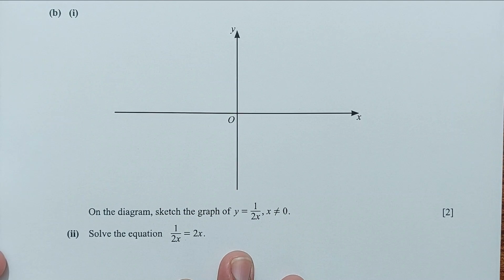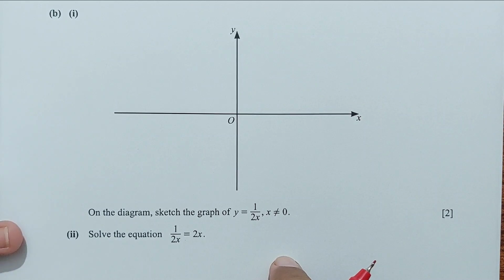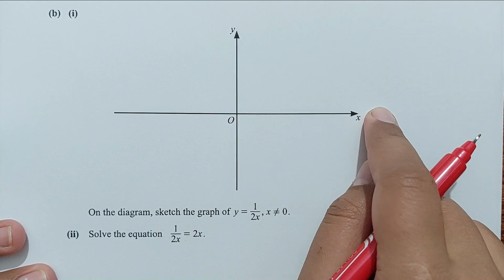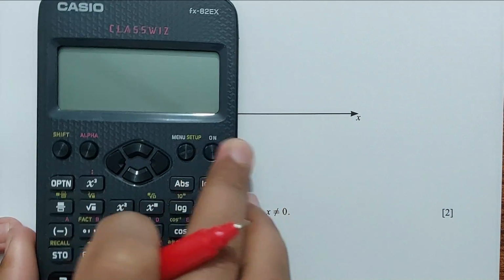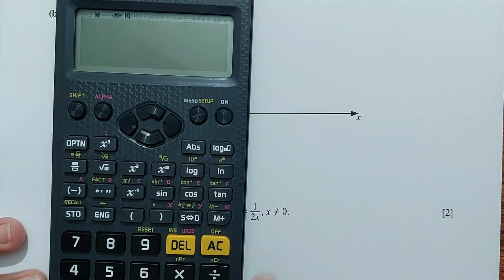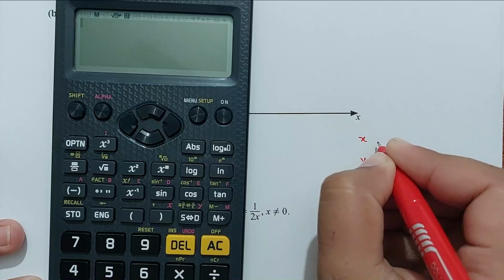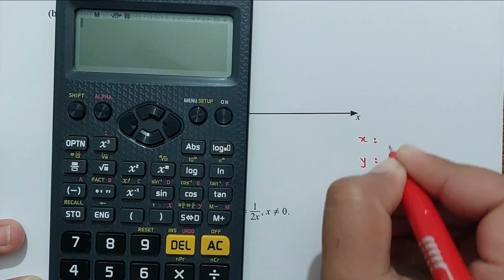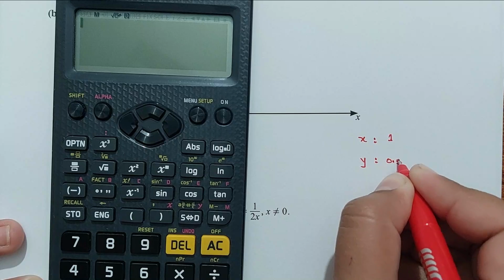Now for part B, number 1, on the diagram, sketch the graph of y equals 1 over 2x, where x is not equal to 0. Let me take the positive and negative values of x, starting with 1, 2, 3, and so on. When x is 1, y is 1 by 2, which is 0.5.